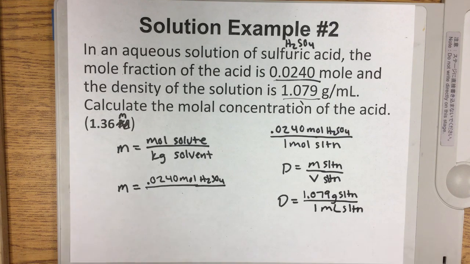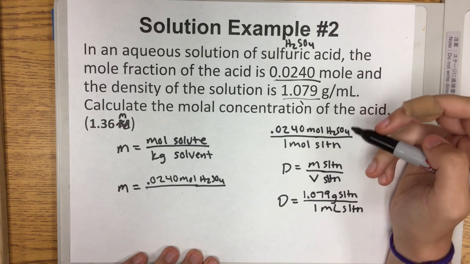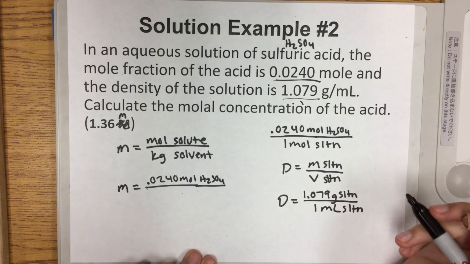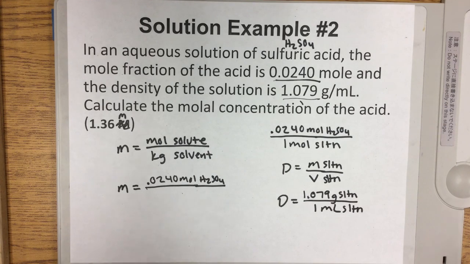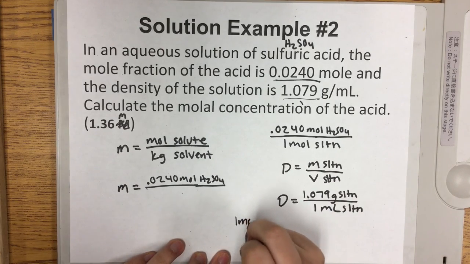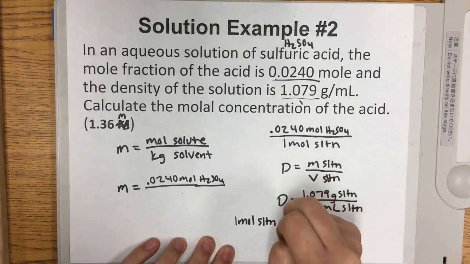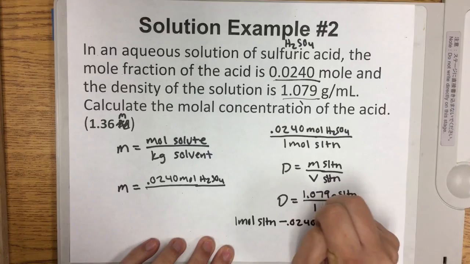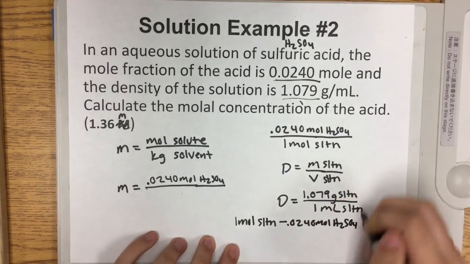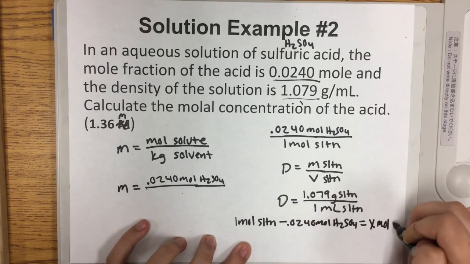So we know we have 1 mole of solution, and if we subtract the 0.0240 moles of the solute, it would equal X moles of solvent.